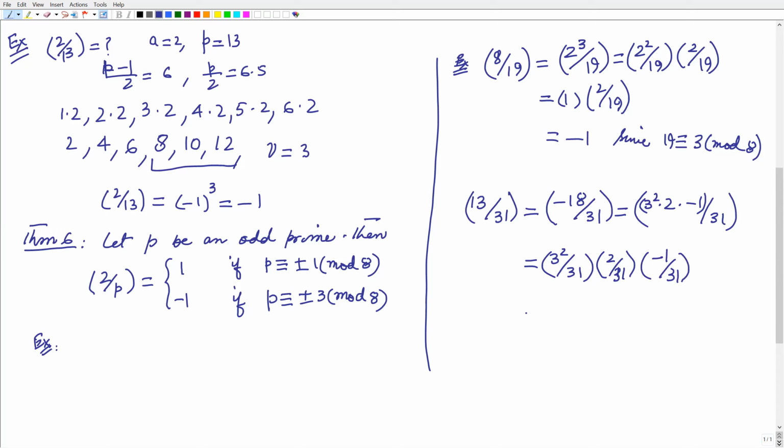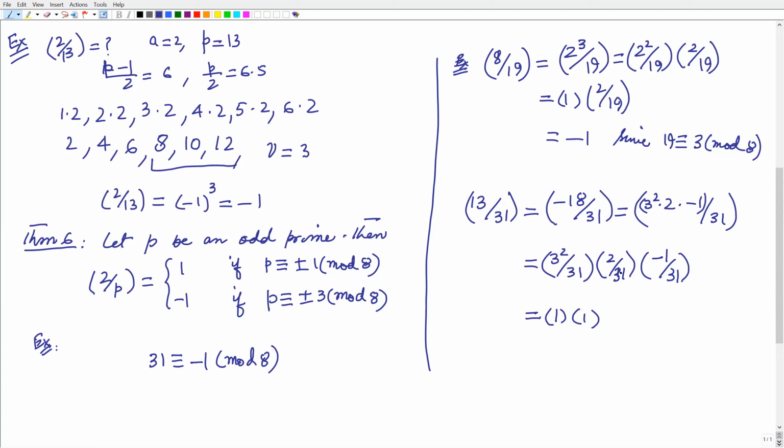The Legendre symbol of 3 squared is always 1, because the Legendre symbol of a square is 1. Then the Legendre symbol of 2 over 31. When we divide 31 by 8, the remainder is minus 1, because 8 times 4 is 32. Whenever we have minus 1, the symbol is 1.